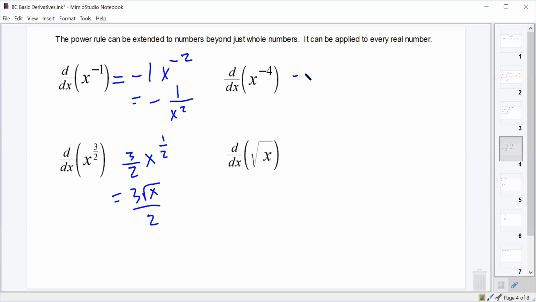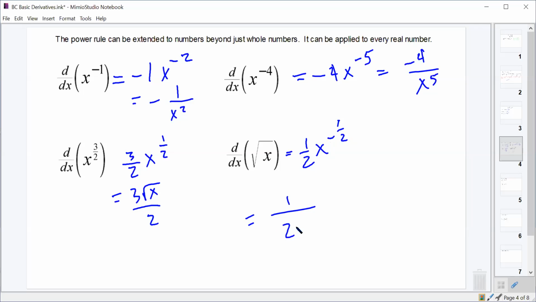X to the negative 4 should become negative 4x to the negative 5, or negative 4 over x to the 5th. And root x, which we did a minute ago, is the same as x to the 1 half, so that should become 1 half x to the negative 1 half, or 1 over 2 root x. Everybody good with all of that? Power rule, simple, straightforward, easy.